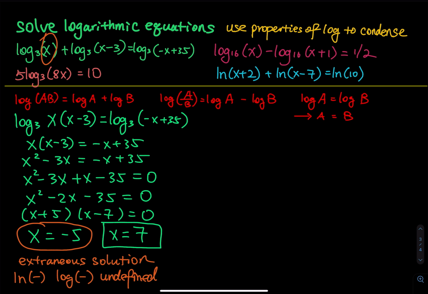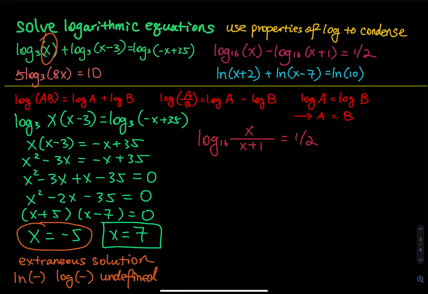The next problem we have, let's do the red one. We have on the left hand side base 16, and then this is a minus. So the left hand side is log base 16 of x divided by x plus 1 equals 1/2.